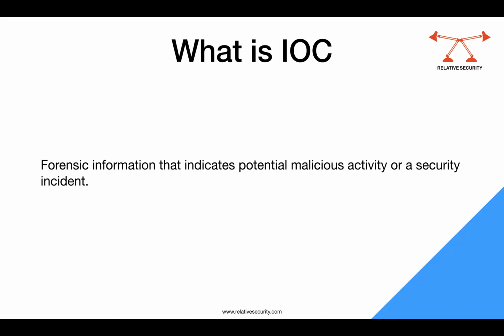These are different IOCs that are very valuable and are often found when incident responders are responding to an incident, or doing forensics on memory or other artifacts collected during an incident response.